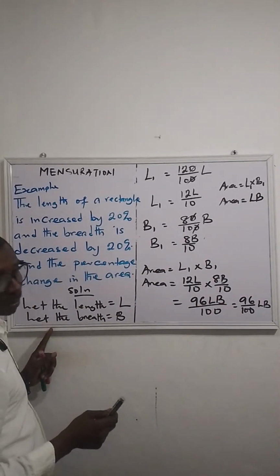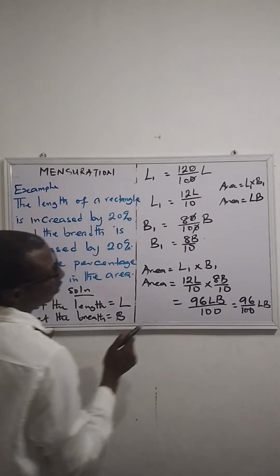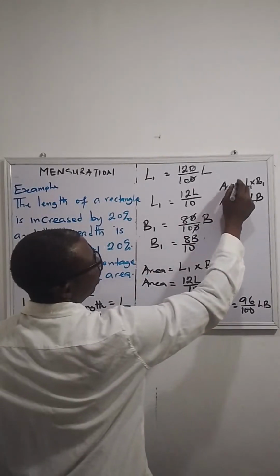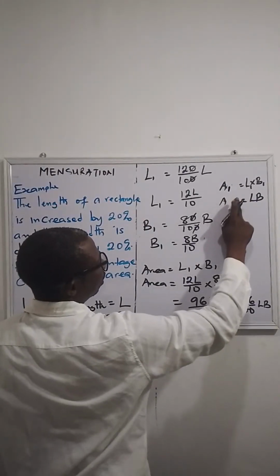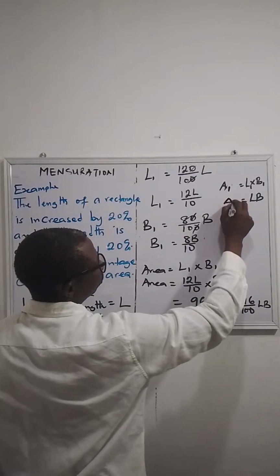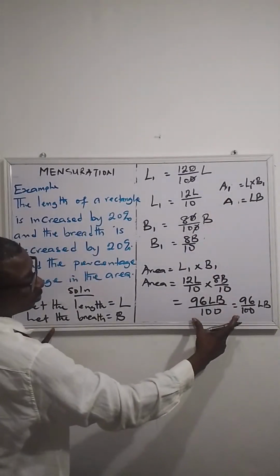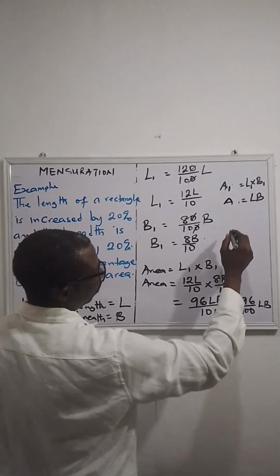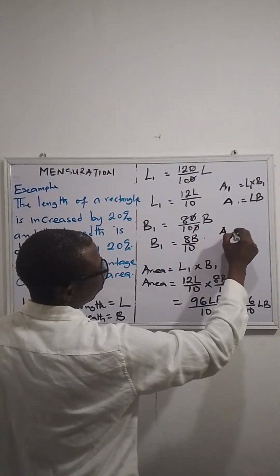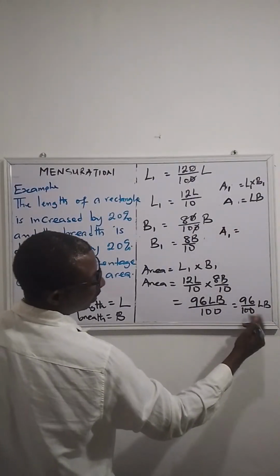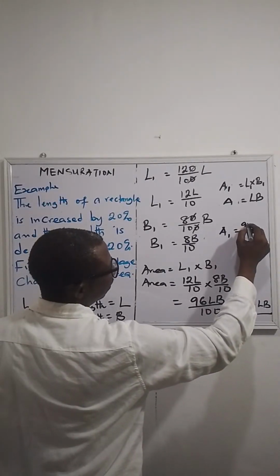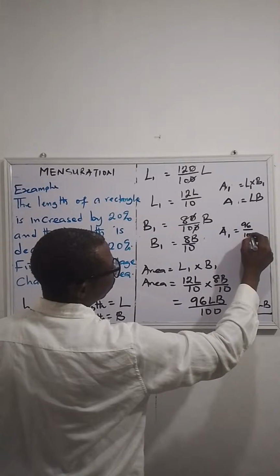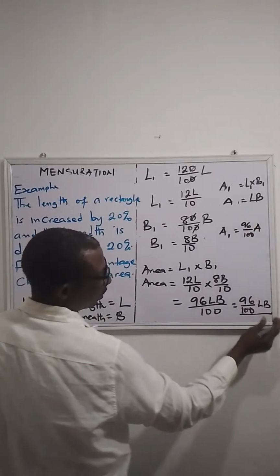Let's call the new area A1 and this one the normal A. So A1 equals 96 over 100 A, because this is area.